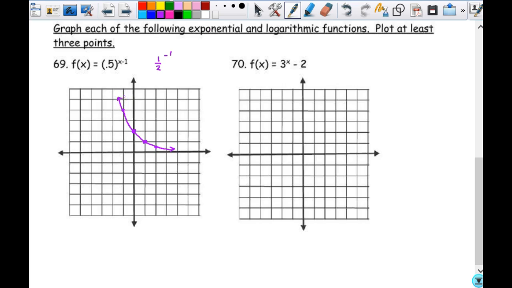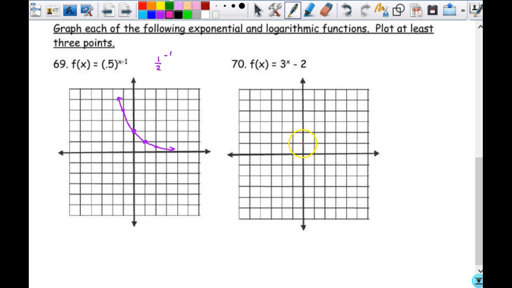All right, so 3 to the x power minus 2. All right, so that one, just kind of plug numbers in. Let's look at this from a transformation aspect. If I have 3 to the x power, so any of our exponentials, when x is 0, y is 1, right? So this is where I should be if it was just 3 to the x power.